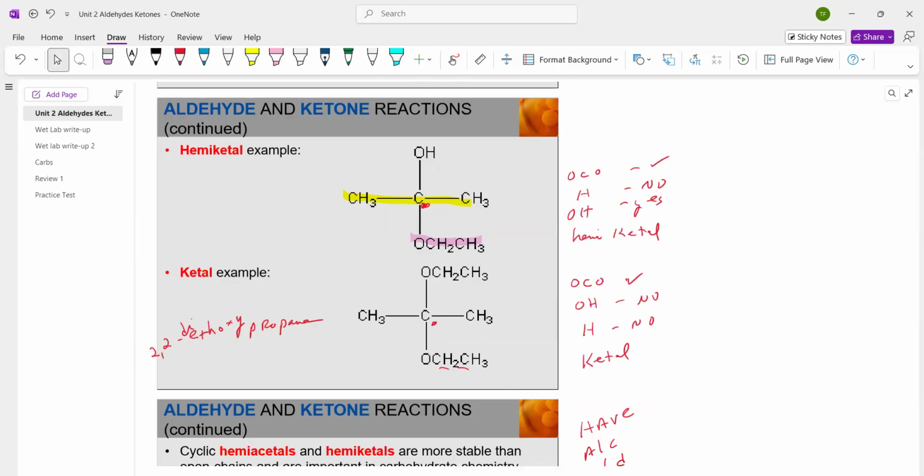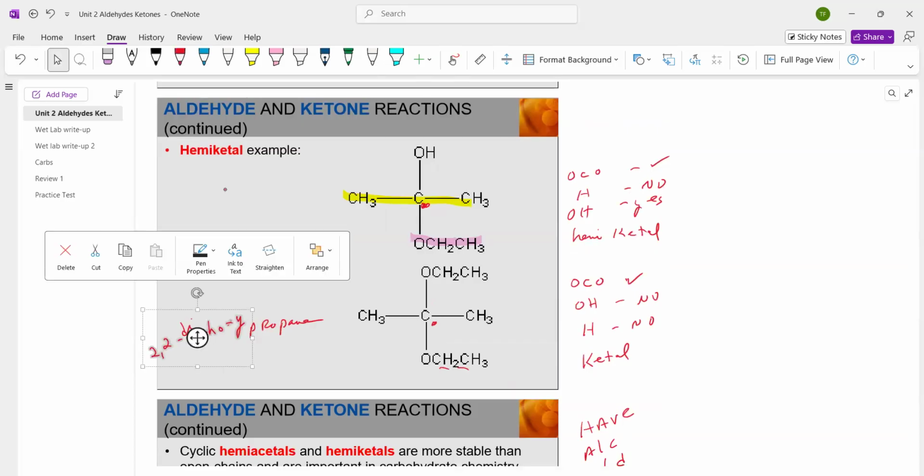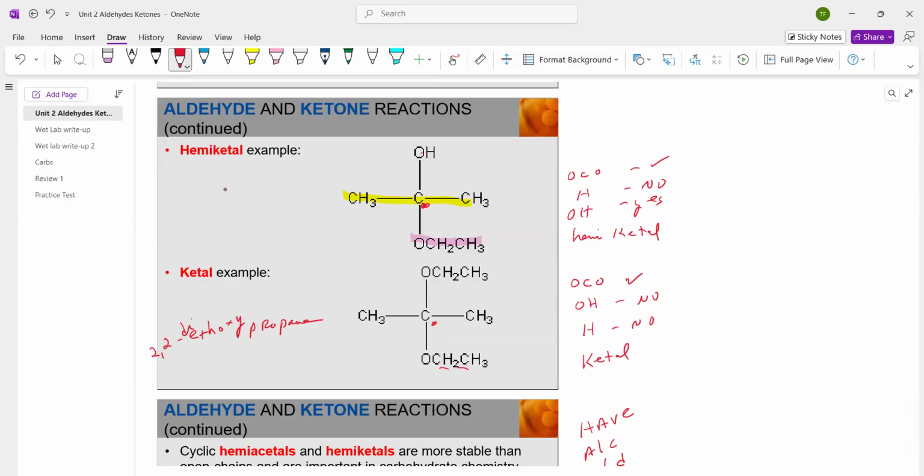Okay. OCO, yes. So we have a primary and a secondary backbone. The primary backbone goes through the anomeric carbon. The secondary one does not. That comes from the alcohol part. Okay, so let's look at this. So OCO, yes.